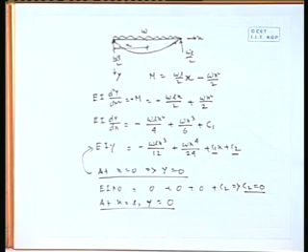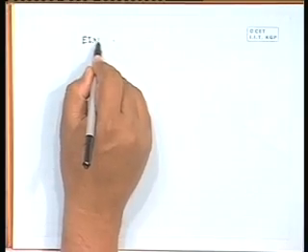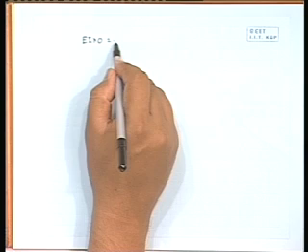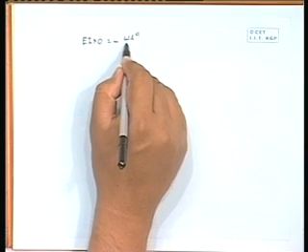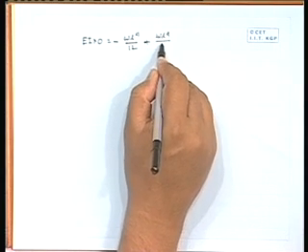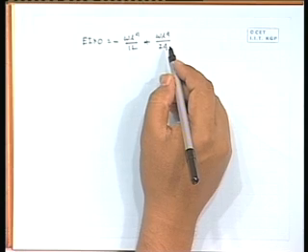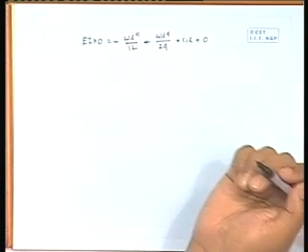Now, that boundary condition if we apply, we will have a relatively large expression. So, that expression will be: EI deflection is 0, it will be minus omega L^4 divided by 12 plus omega L^4 divided by 24 plus C1 L. C2 became already 0.